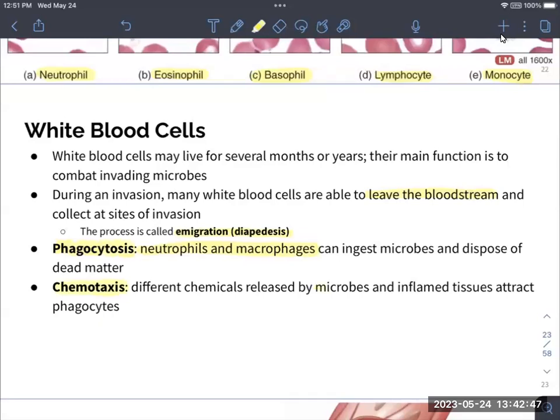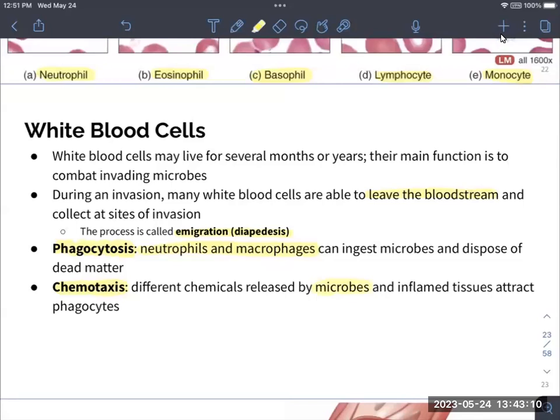When these microbes enter our system, a lot of times they release out different chemicals. Without realizing it, these chemicals attract those white blood cells. So our white blood cells find these chemicals, they leave the bloodstream, and they follow the chemicals to where these microbes may have gone.